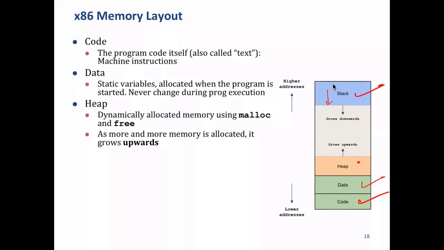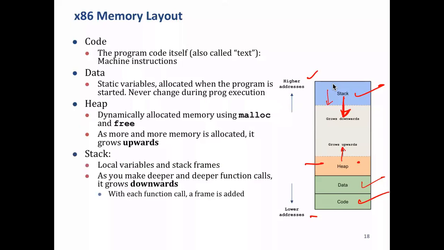And then heap is used when we want dynamic memory, like through malloc, etc., right? So the heap is created here, and the stack grows downwards and the heap grows upwards. This is the highest address, and this is the lowest address. So the stack grows in this direction, where the top of the stack is at a lower address than other elements in the stack.